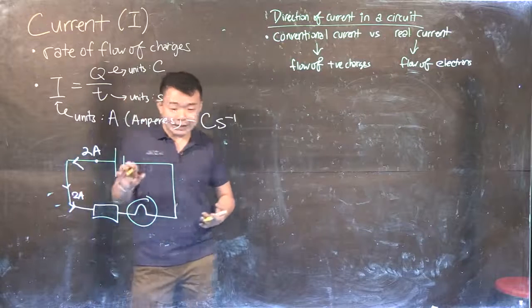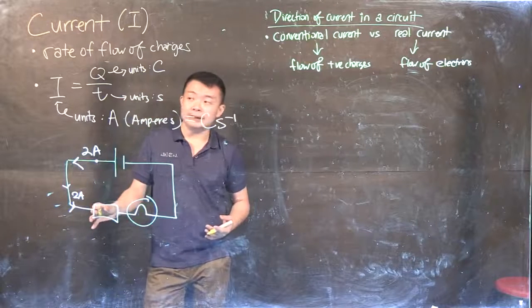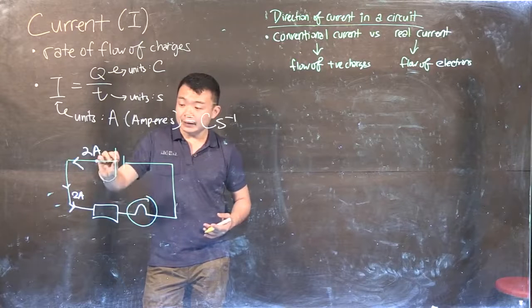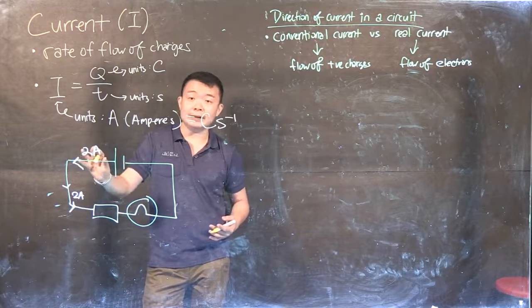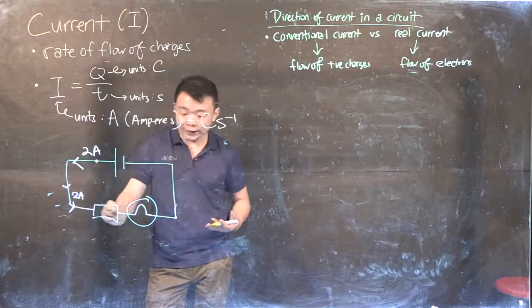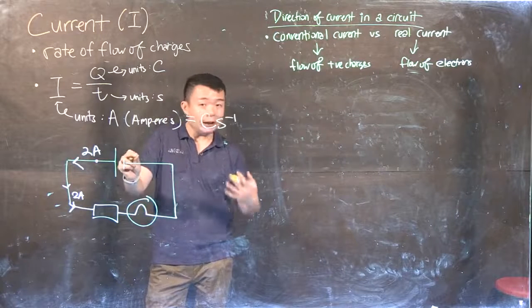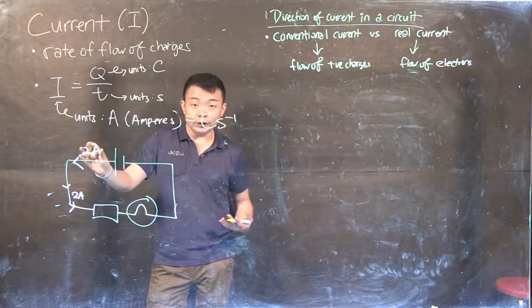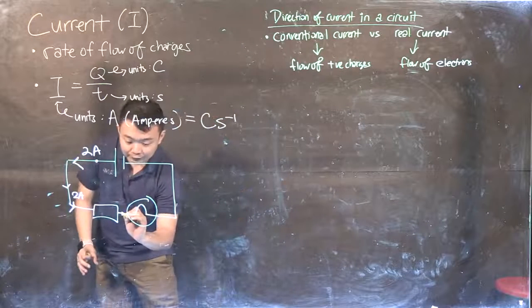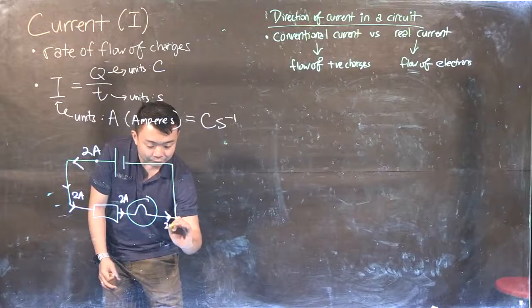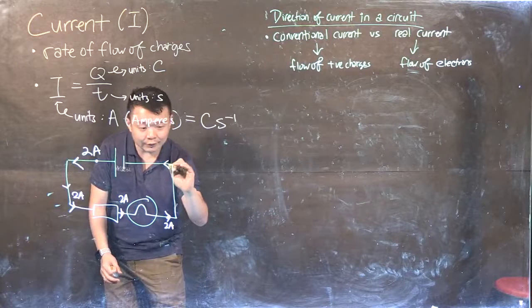Why so? The analogy of current is similar to water flowing in a pipe. In this pipe, if at the start there are 2 units of water flowing, everywhere along the same pipe you are going to get the same amount of water flowing. 2 units flowing here, 2 units flowing here, 2 units flowing here, and same thing here.